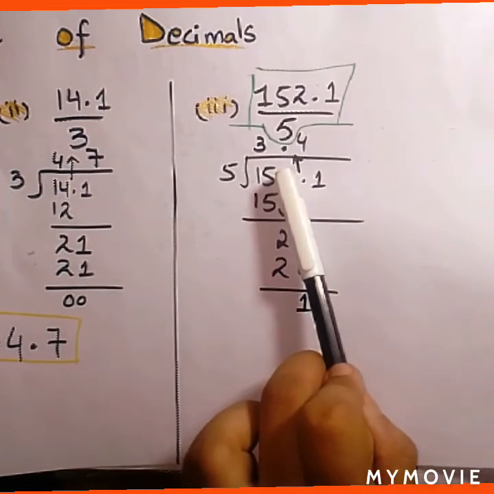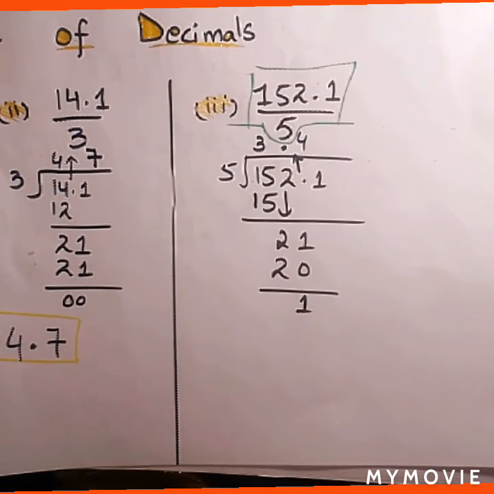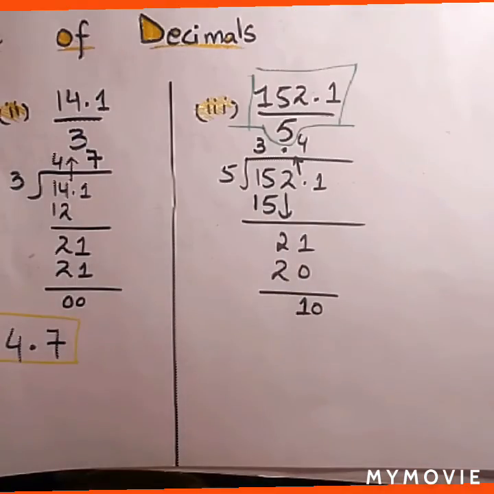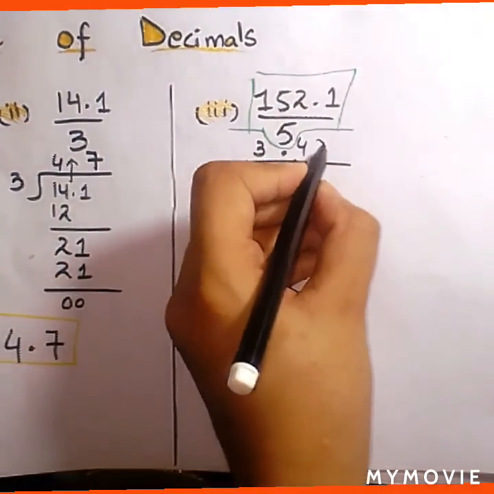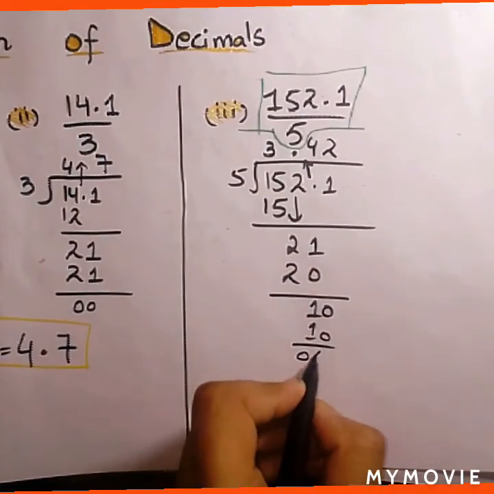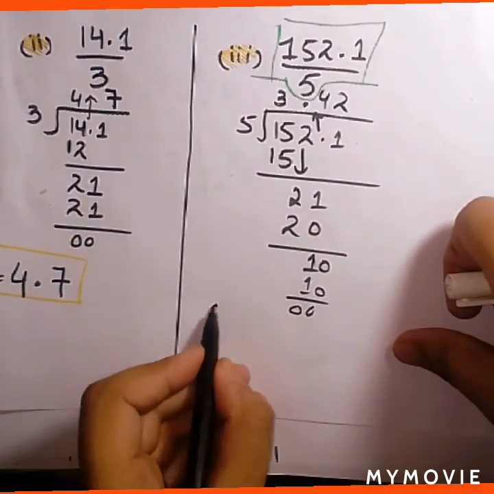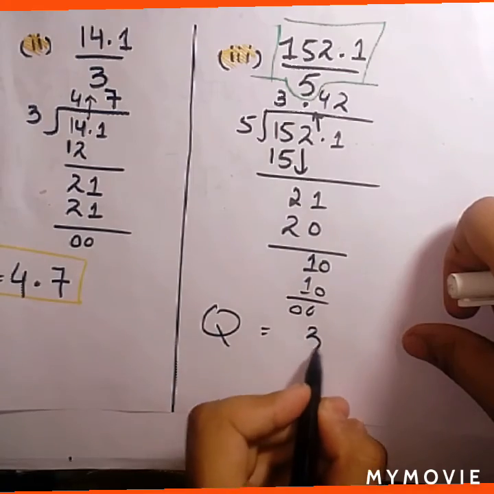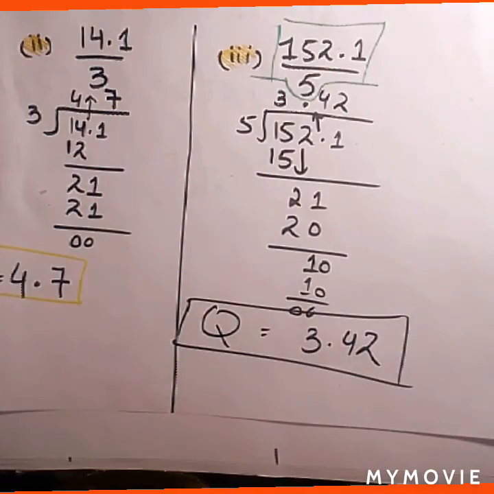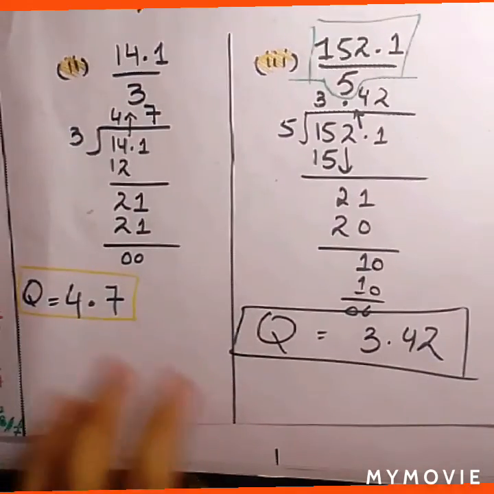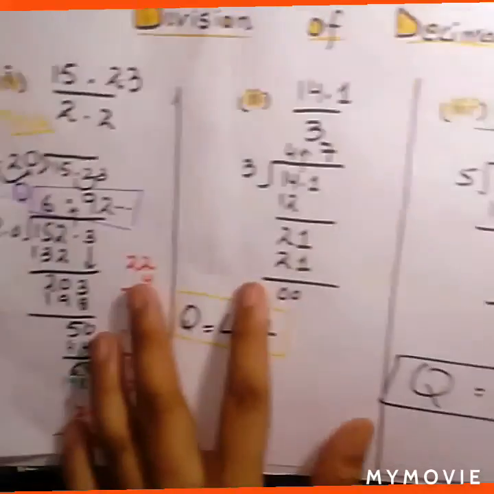We already have the point, that's why I am writing 0 in front of it. Otherwise we can't write 0 in front of any remainder without taking the point. 5 times 2 gives 10. The remainder is 0. That's why our quotient is 3.42. Hope you get it. That was the whole answer for the 3 types of questions.